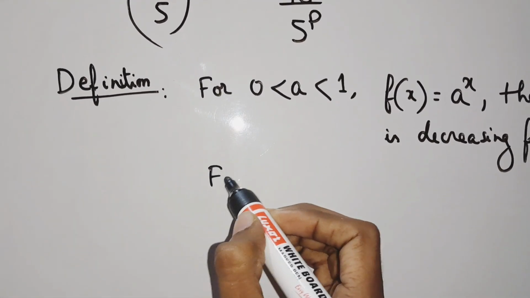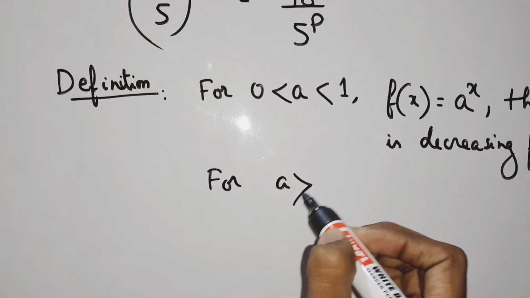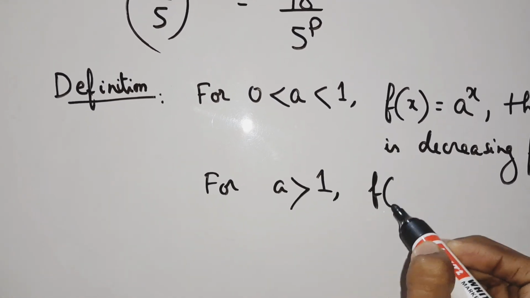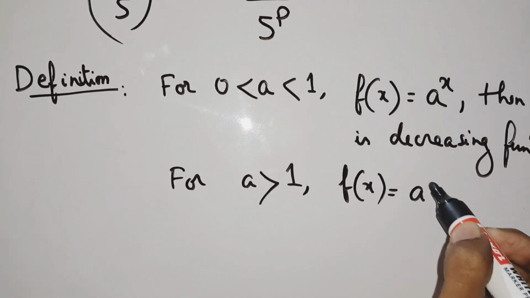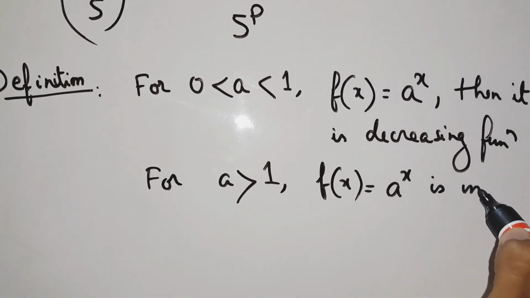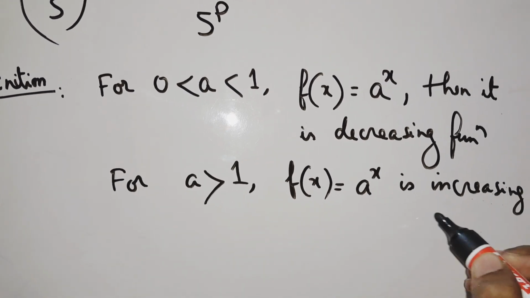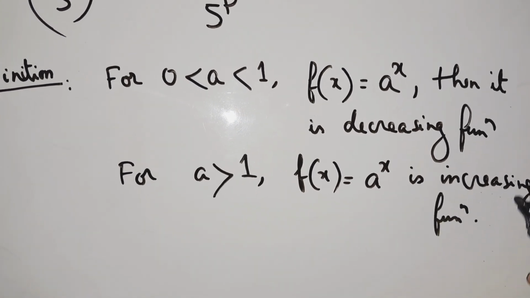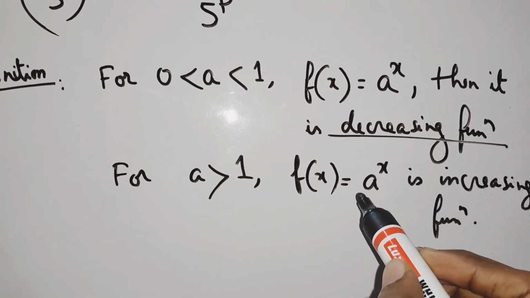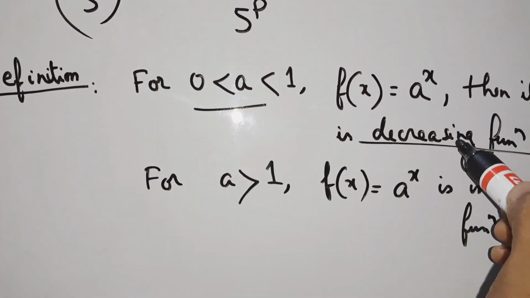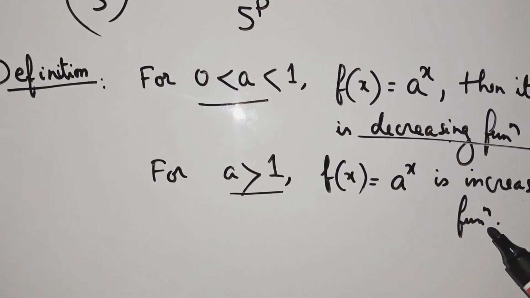And for a greater than 1, f of x equals a to the power x is an increasing function. This definition we must all note: for this range the function is decreasing and for this range the function is increasing.